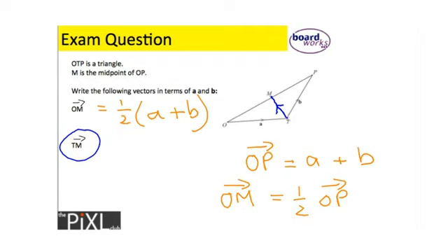Let's do both. So our first one, if we're going up to P, we're going to add the B, and we're going to go backwards on the vector OP. This time we're going PO, so it's going to be the negative. But we're only going halfway.